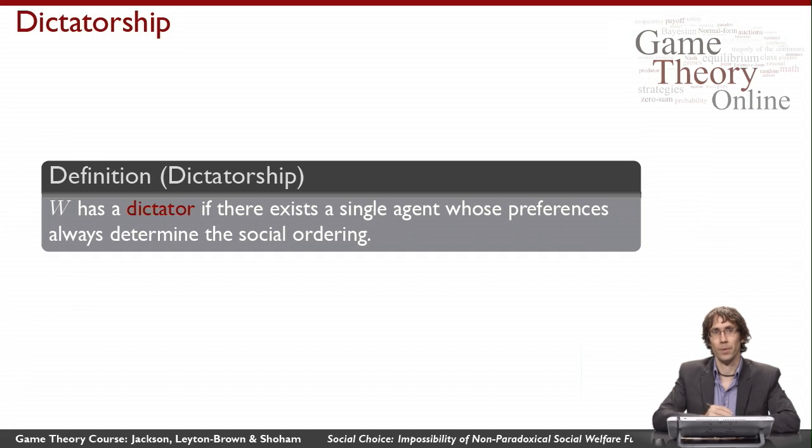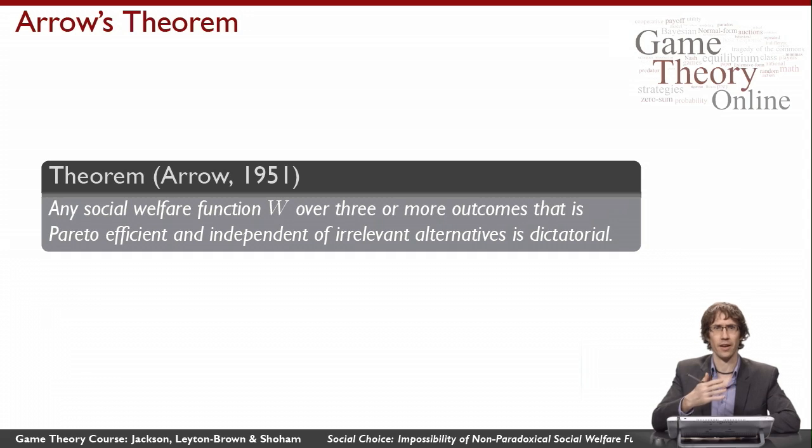So we would get Pareto efficiency for free. Likewise, we would get independence of irrelevant alternatives for free because we're only going to care about the dictator's A-B rankings in order to decide the A-B ranking. And so we're not looking at anything else from any of the other agents. So we see we can satisfy our two properties from a dictatorial social welfare function, but dictatorial social welfare functions are pretty undesirable to us.